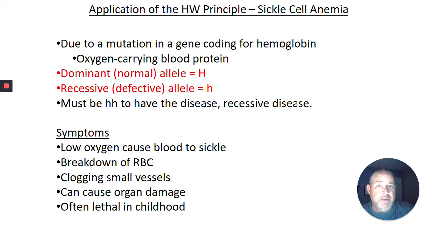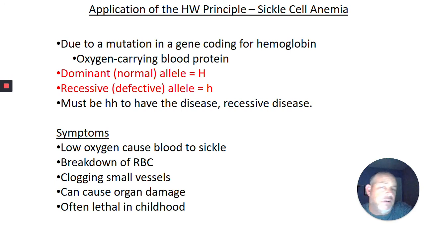If you are dominant, then you are big H. If you are recessive, then you are little h. So you have to be little h in order to have sickle cell. If you have even one big H, then you will be fine. You will not have sickle cell.